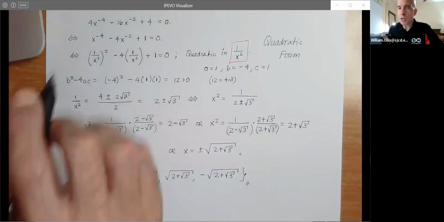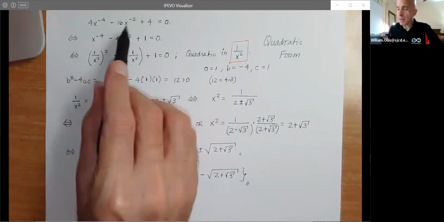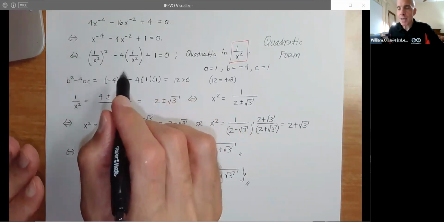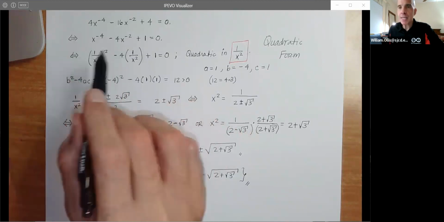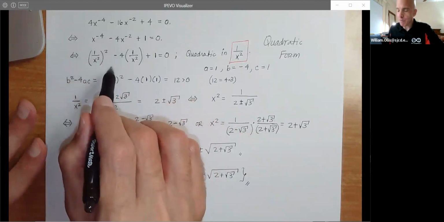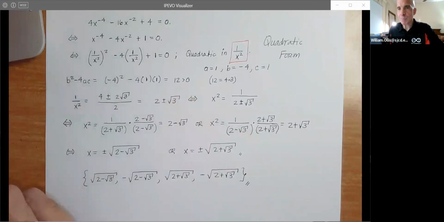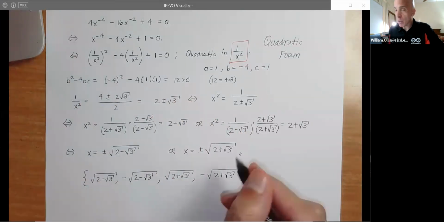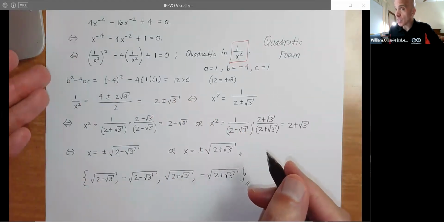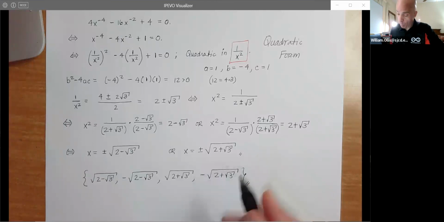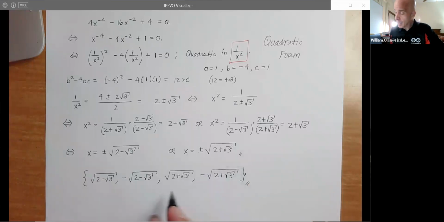So I want you to be aware that even though this takes more time, any equation that would fit quadratic form can be solved with the same type of technique. We may have found that maybe we had some imaginary solutions or whatever, but what we found in this problem is that all the solutions were actually real.